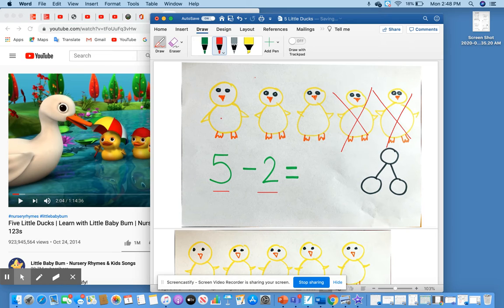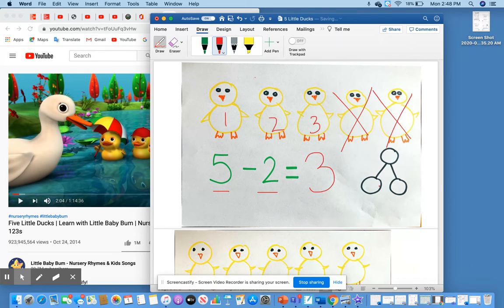Count with me. 1, 2, 3. So the number 3 is the number that I'm going to write right here, because the number 3 is how many ducks are left, right? 1, 2, 3. Very good.